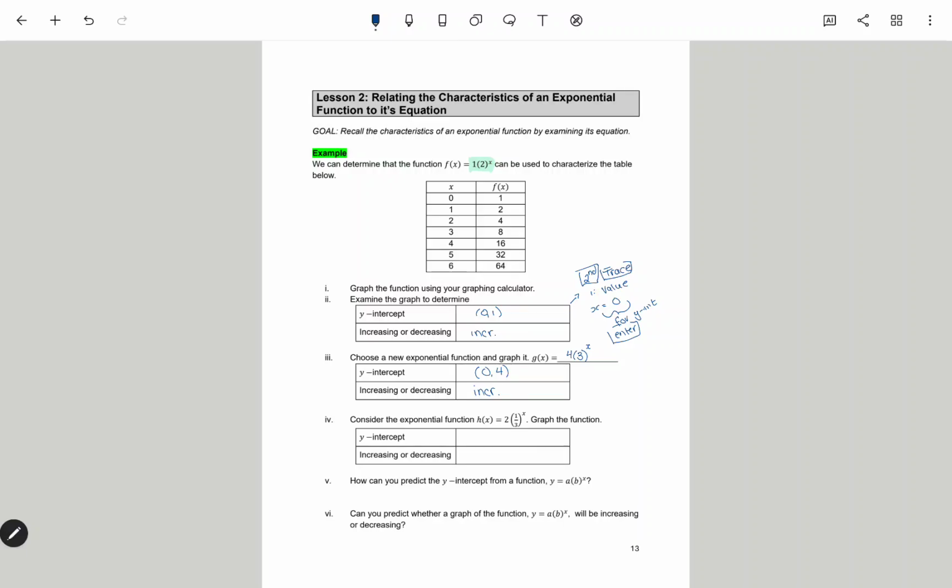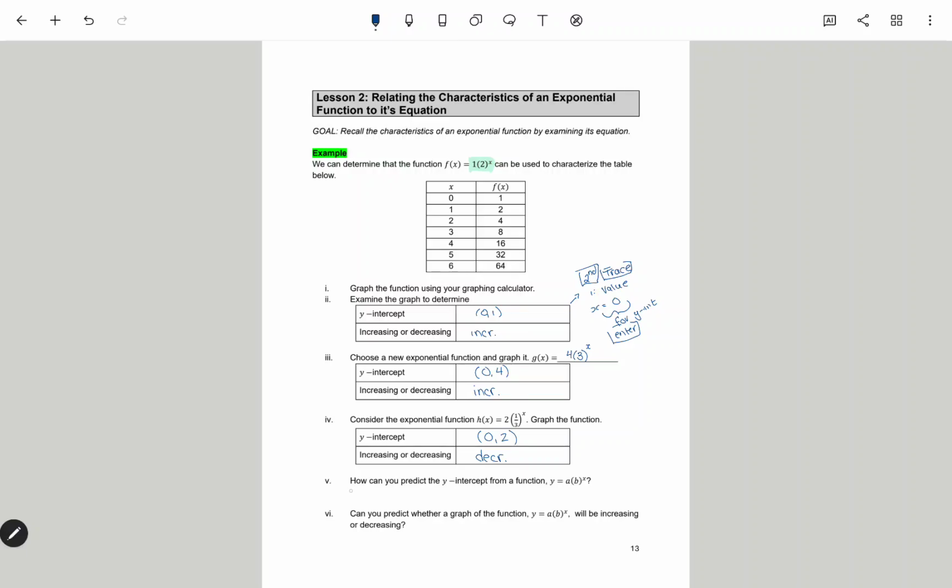Right. Consider the exponential function h of x equals 2 times 1/3 to the power of x. Again, throw this into your calculator and graph it. Determine that our y-intercept is 0, 2, and this function is decreasing.